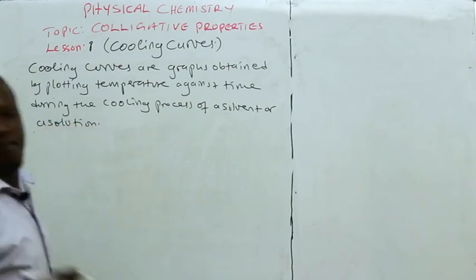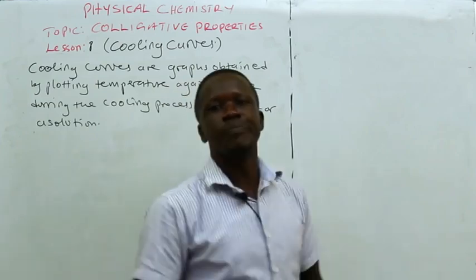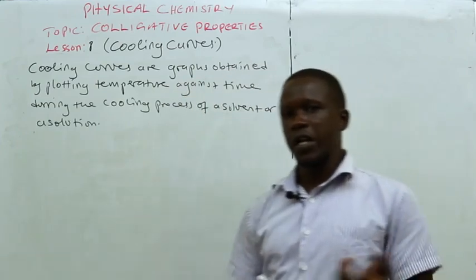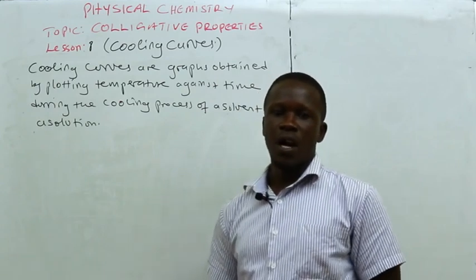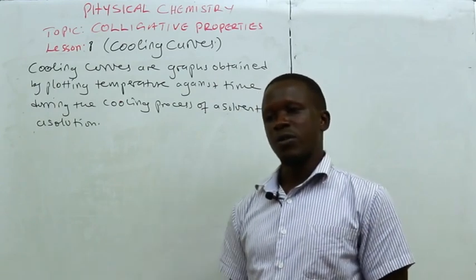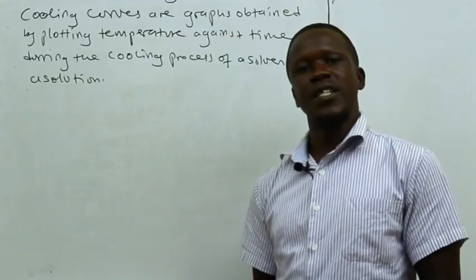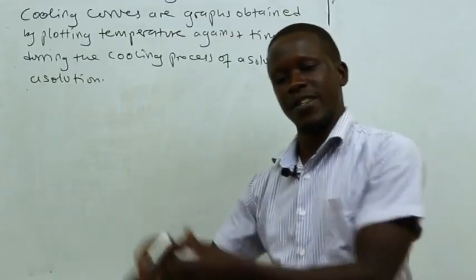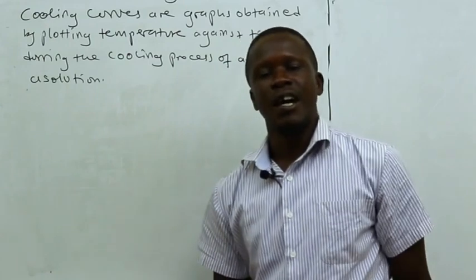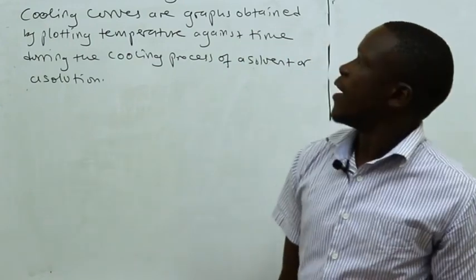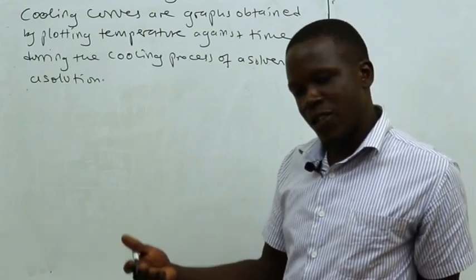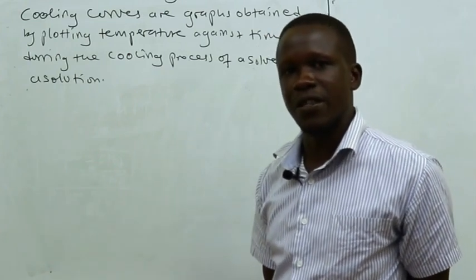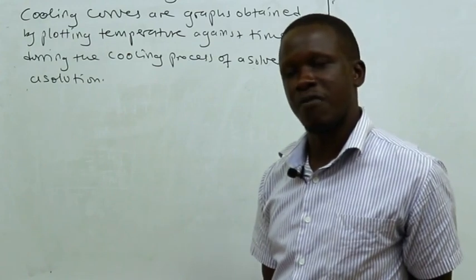So you could have your pure solvent like water, place it in a container, insert a thermometer in there, and then place the contents of the container with the water and the thermometer in a freezing mixture, and then you start recording the temperature of the water as it lowers down till this water completely freezes.